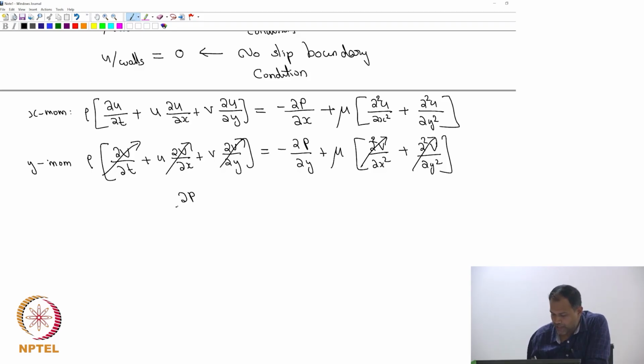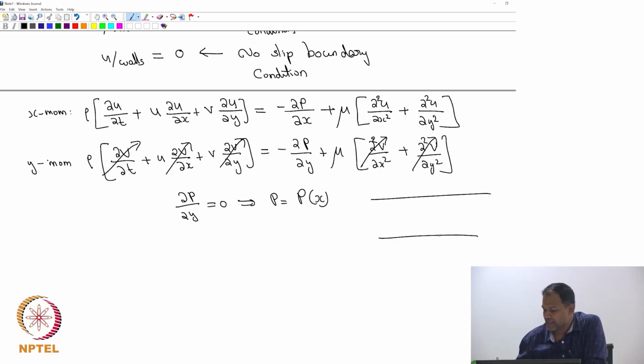So dou p by dou y is 0 means p can only be a function of x. So in our channel pressure is not going to change in that direction, pressure can change in this direction. So pressure is a function of x, pressure is not a function of y.